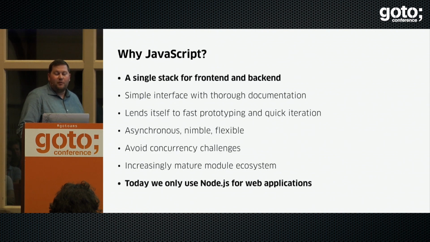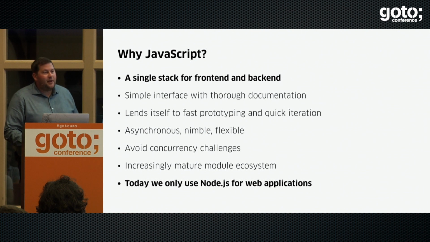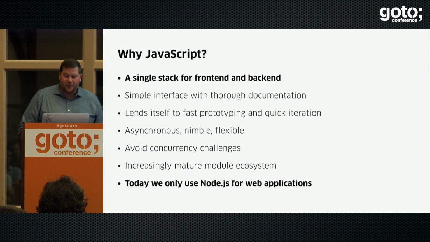And so originally, when we decided to use JavaScript, we realized that it was a single stack for the front end and the back end, and it made it very easy to iterate. And so again, it has a simple interface with thorough documentation that makes it quick to iterate and prototype. It's asynchronous, nimble, and flexible, so it allowed us to avoid concurrency challenges early on. And it also had an increasingly mature module ecosystem. But today, we only use Node.js for our web applications.